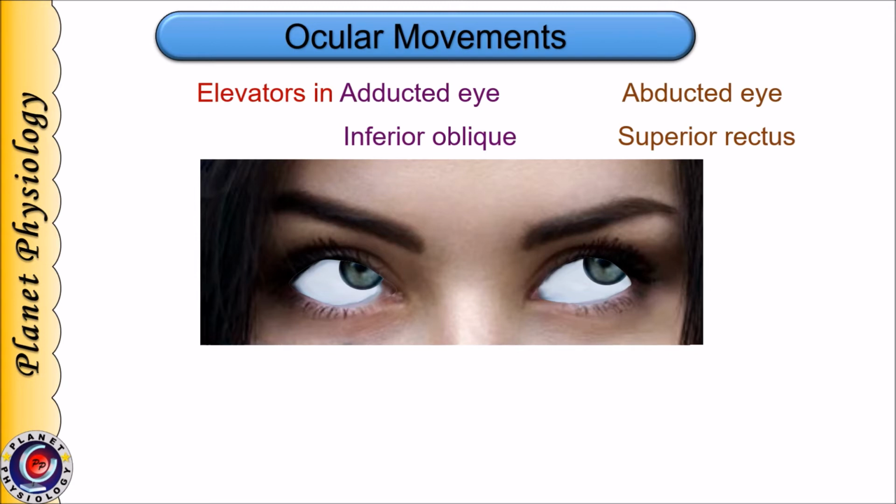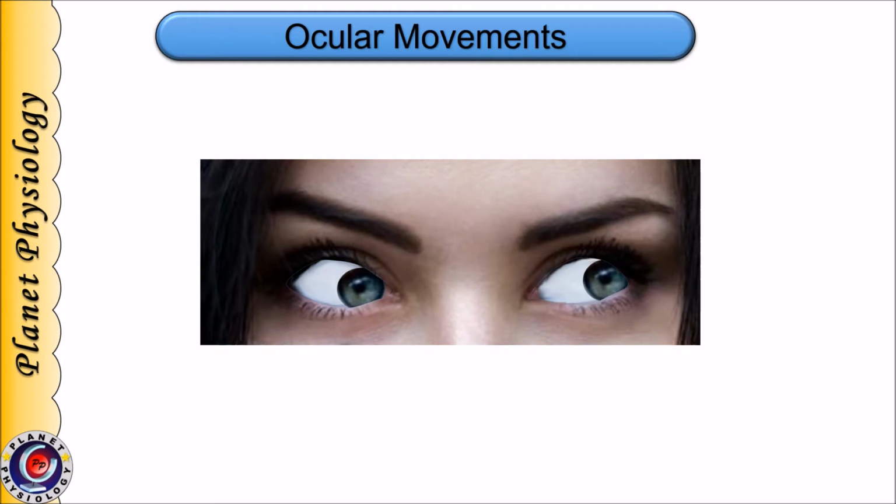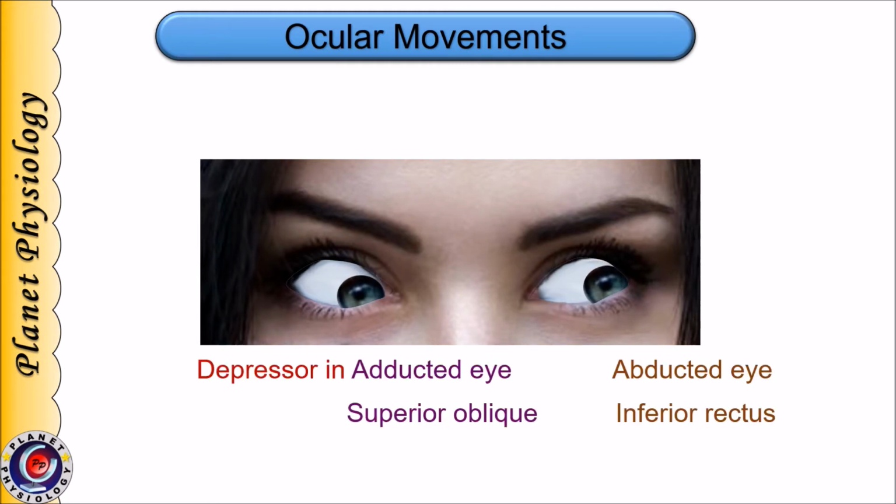So inferior oblique and superior rectus work as second pair of the extraocular muscles. In the same way, inferior rectus causes depression if the eye is in abducted position, and superior oblique also causes depression if the eye is in adducted position. So this is the third pair of extraocular muscles.